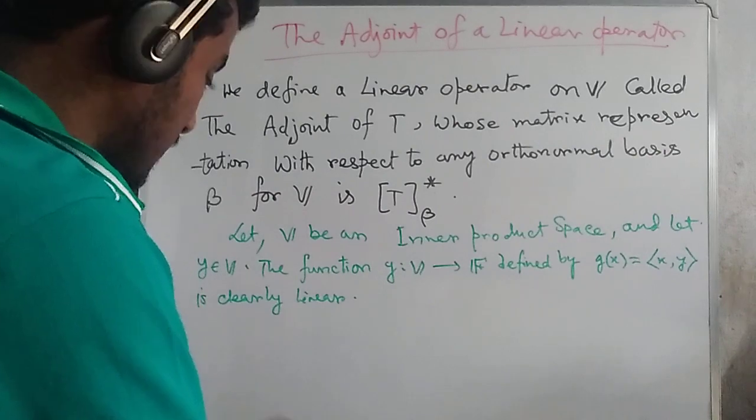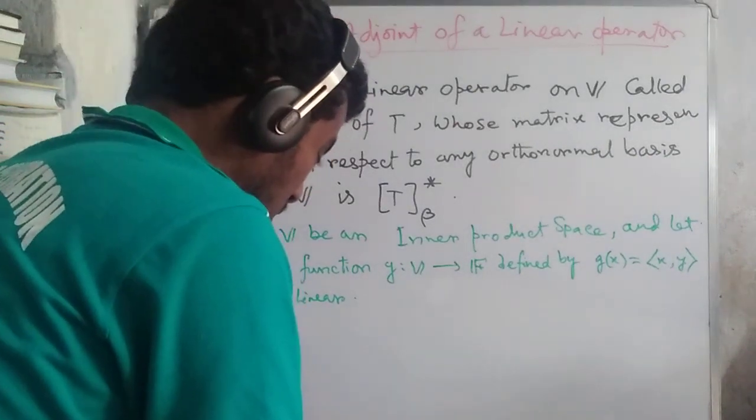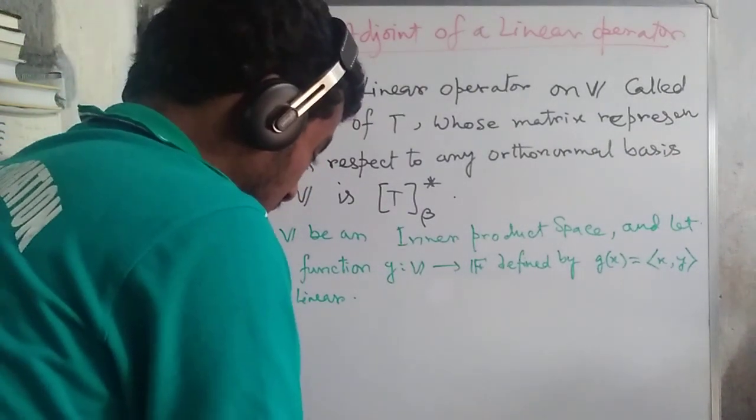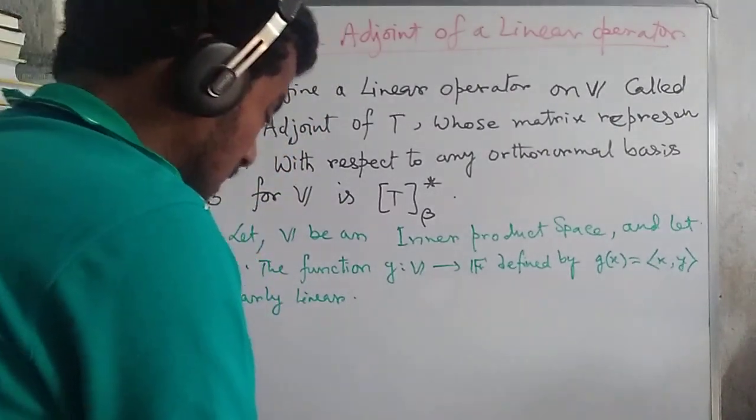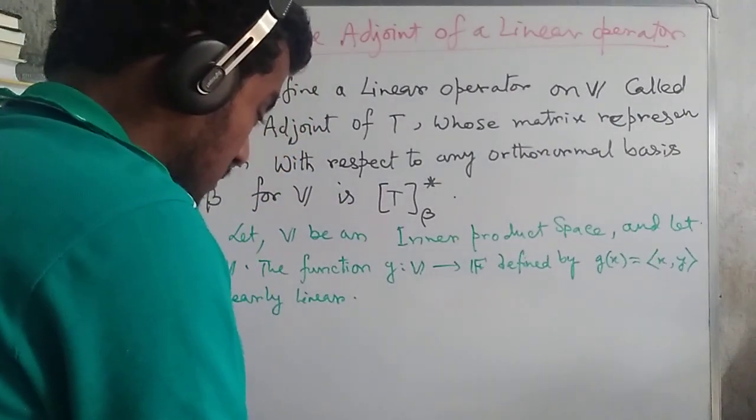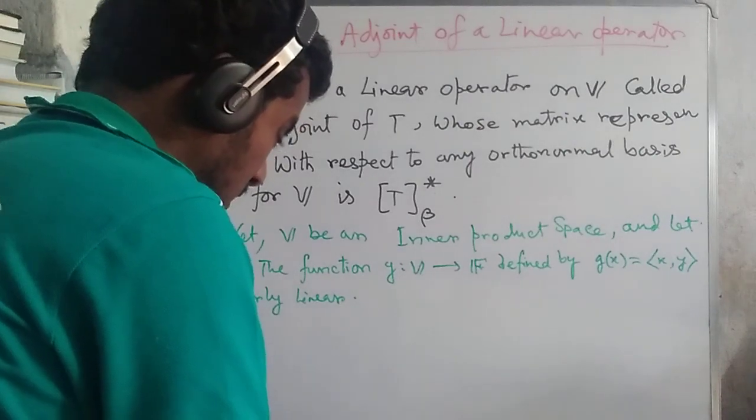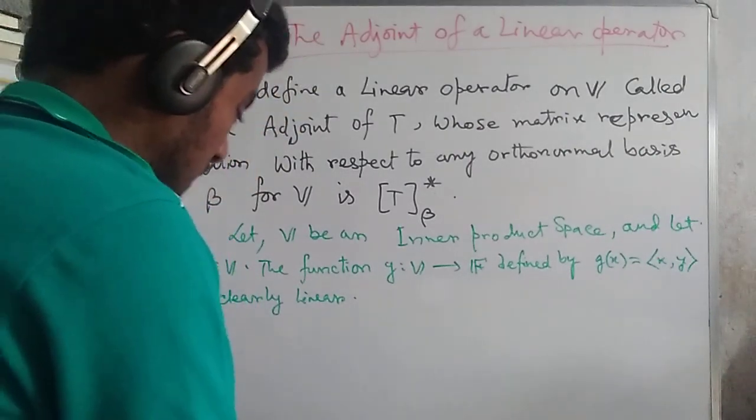Now we also discuss here, if V is finite dimensional, then every linear transformation from V into F is of this form.